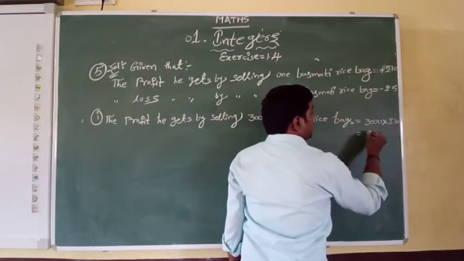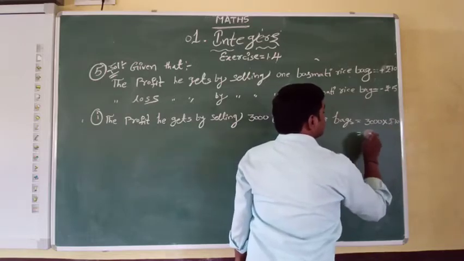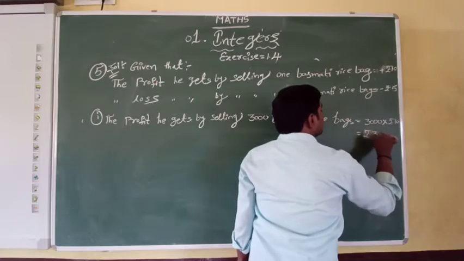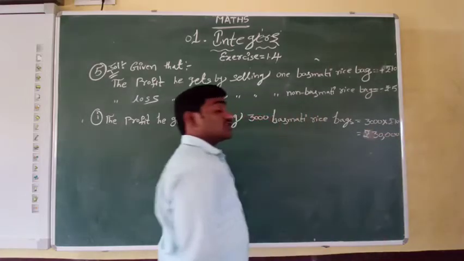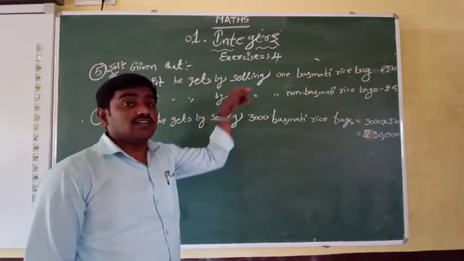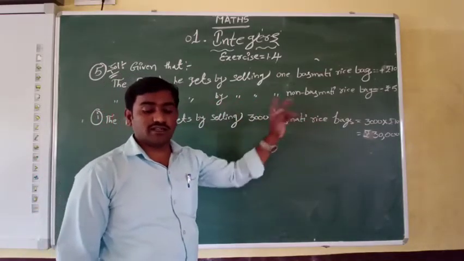So 3,000 into 10 is 30,000 rupees. He gets 30,000 rupees profit if he sells 3,000 basmati rice bags.